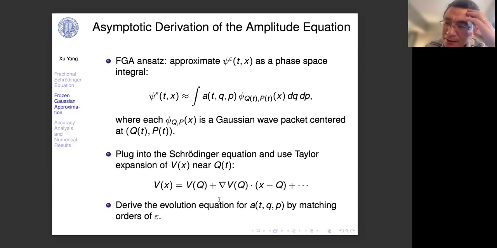If I understand correctly, the difference is for Gaussian beam: if you think about the Gaussian beam solution, it is an asymptotic solution, right? No matter whether you do the linear superposition or not. But for this type of Gaussian wave packet dynamics, if you do not do the linear superposition with all the Gaussians, it should not be an asymptotic solution. Right, yeah.